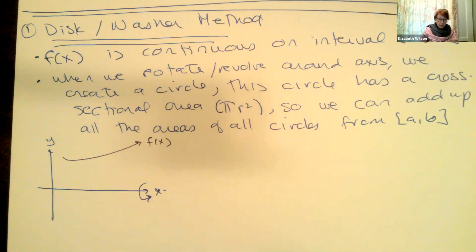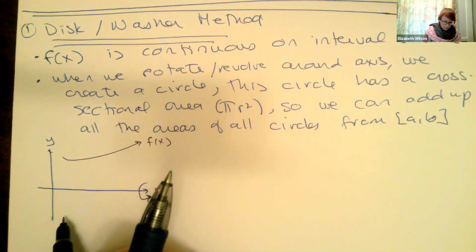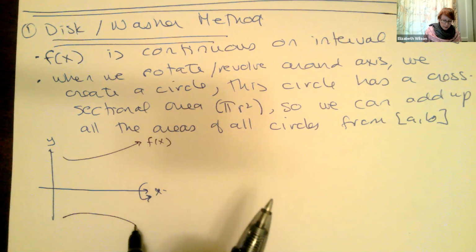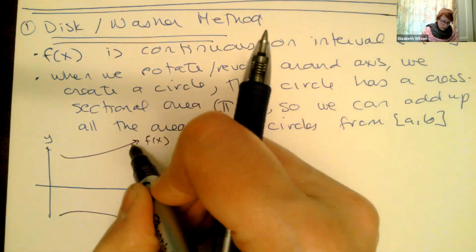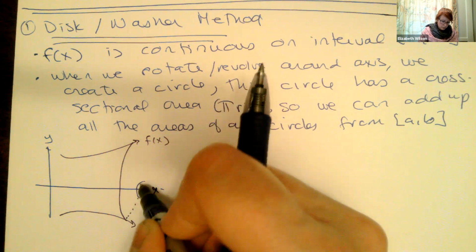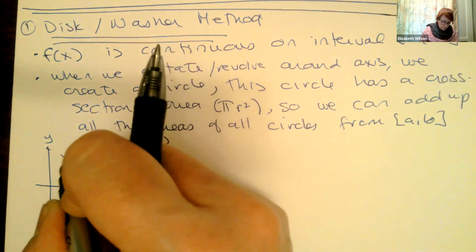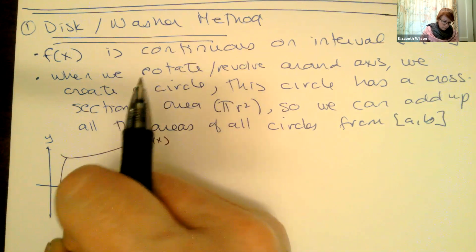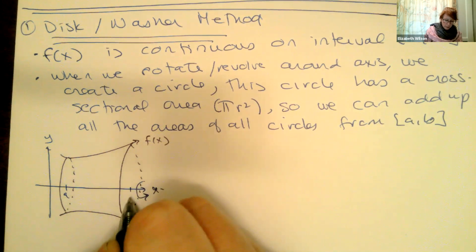As I revolve this around my x-axis, I'm going to get this mirrored image down here, and as I go, I'm creating this circle. I didn't draw this very proportionally. We're looking at A to B, okay?